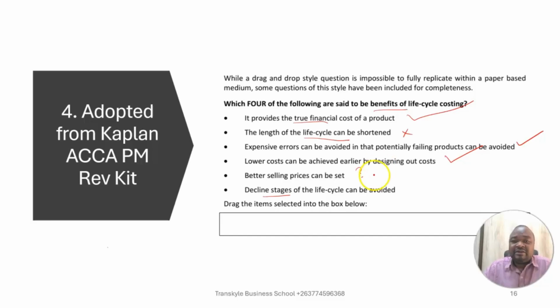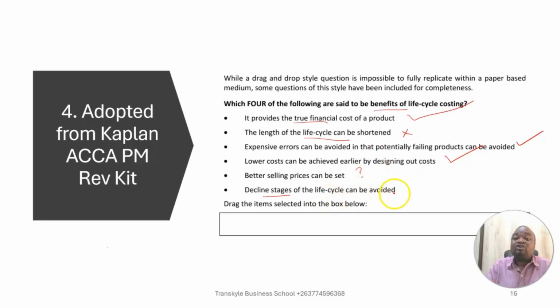No, you cannot avoid it. That one is not correct, because the decline is usually independent of us. It is something that is determined by the market. If the market feels that a certain product is no longer worth purchasing, then the decline stage inevitably comes.